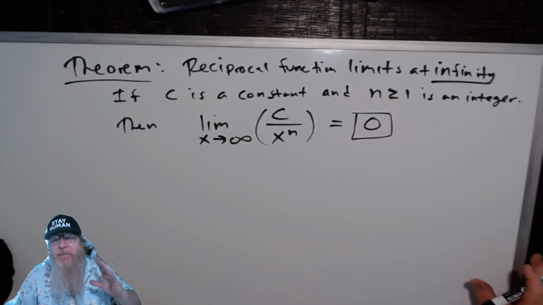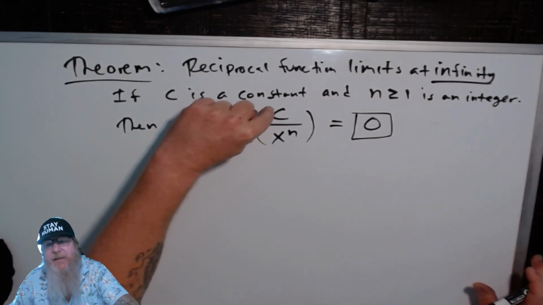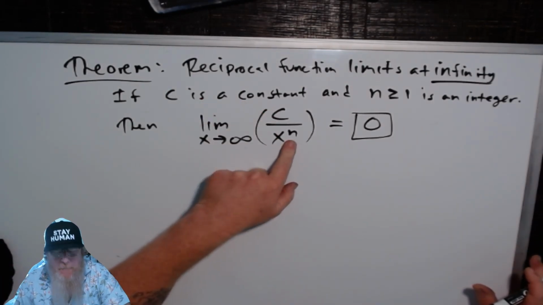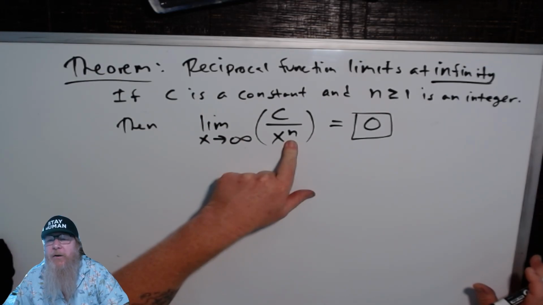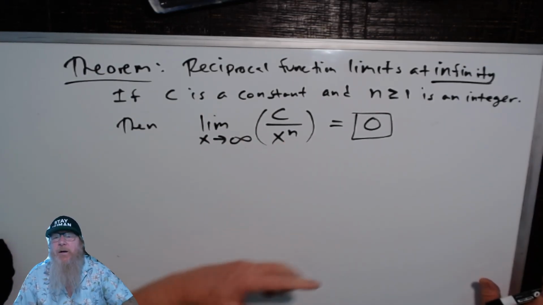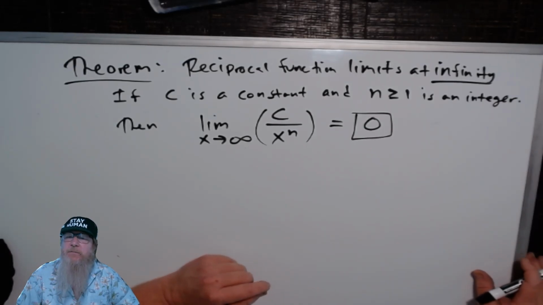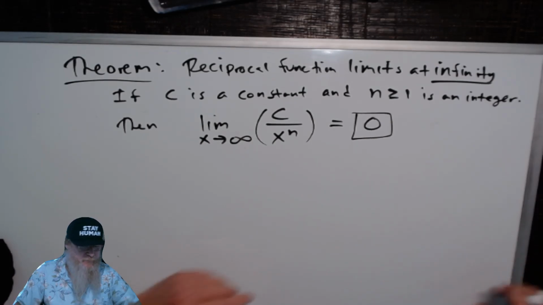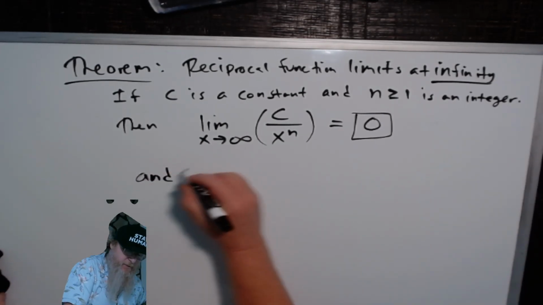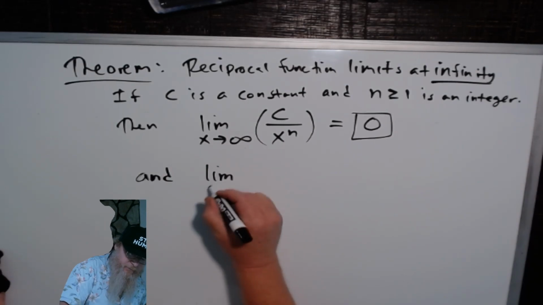Basically, when you think about this theorem, it means that you have a constant in the numerator and a power greater than or equal to 1, then the limit is going to go to 0. And so is the other limit.